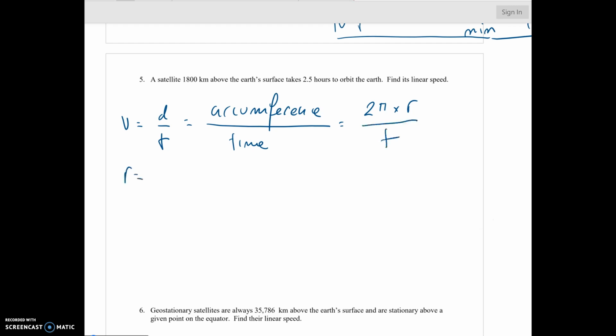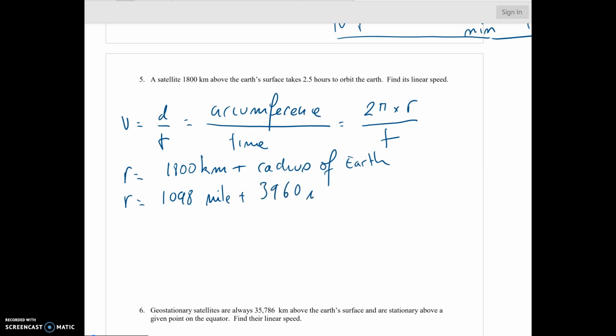R equals the 1800 kilometers plus the radius of Earth. If I translate all of this distance in miles, R is going to be equal to 1098 miles, that is the conversion of 1800 kilometers into miles, plus 3960 miles for the radius of Earth.